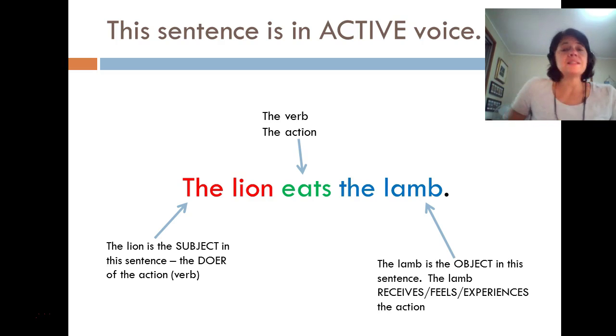Here is a sentence in active voice. We have the lion who is doing the action. Here is the action, the verb, and here is the object, the receiver or the experiencer of the action. Let's put this sentence into passive.